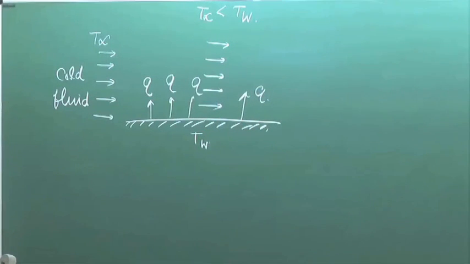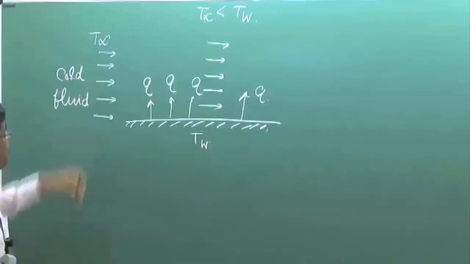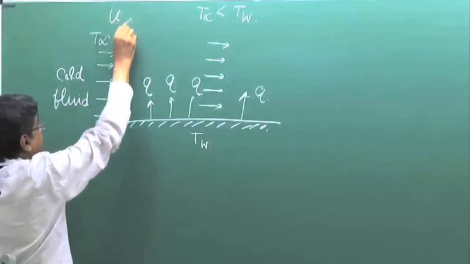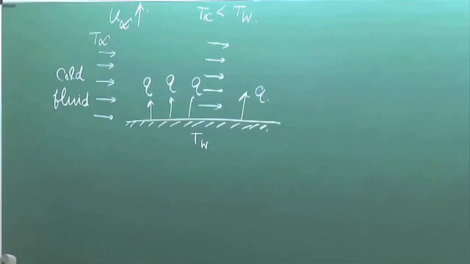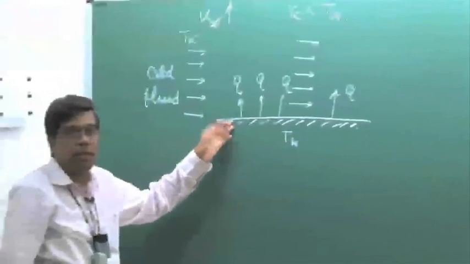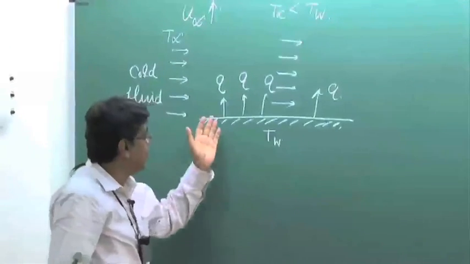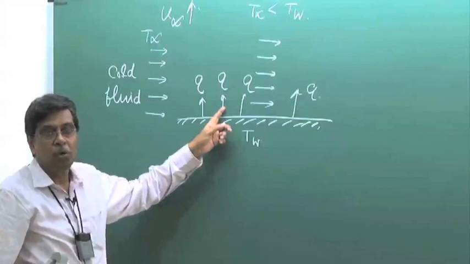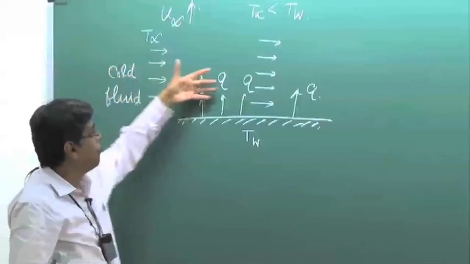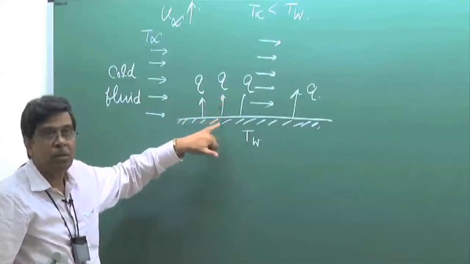Now it is our common experience, everybody knows it, that if we increase the flow of the cold fluid, flowing with a velocity of u infinity, the plate is cooled faster. That means the rate of heat transfer or the heat flux from the surface to the fluid is enhanced, which means that this flow of fluid has some effect on the transfer of heat from the surface.